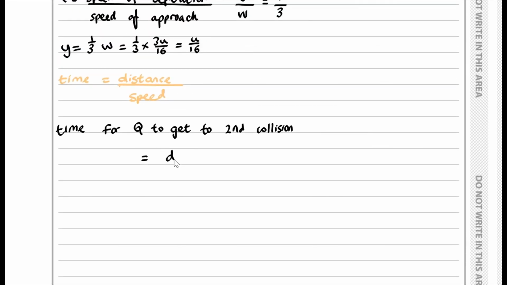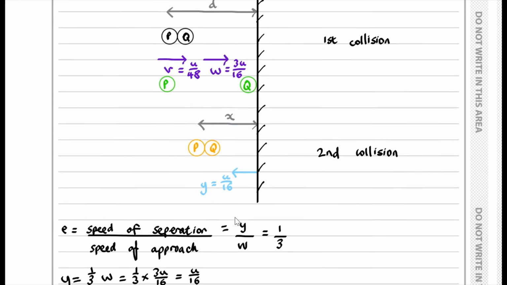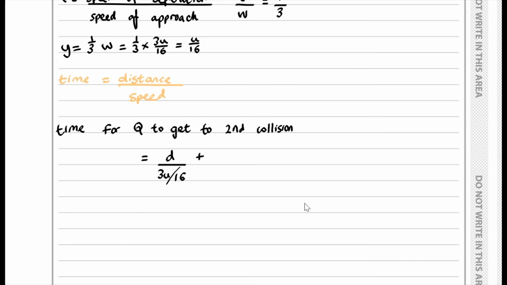Okay, so we've got d over 3u over 16, and then we've also got this x over the u over 16 coming back as well. So we've got x over u over 16.